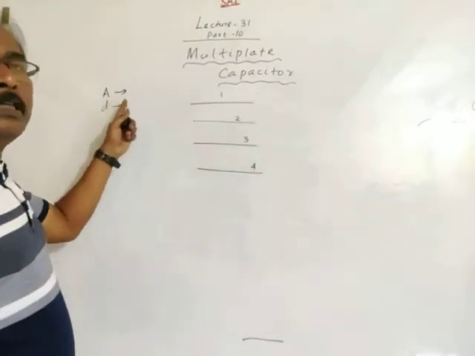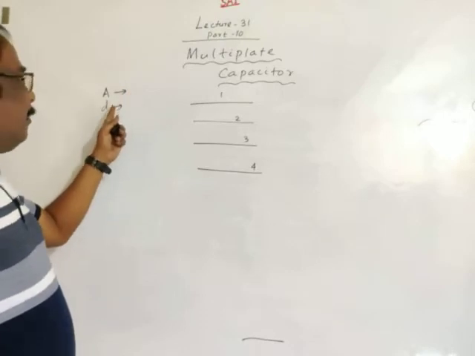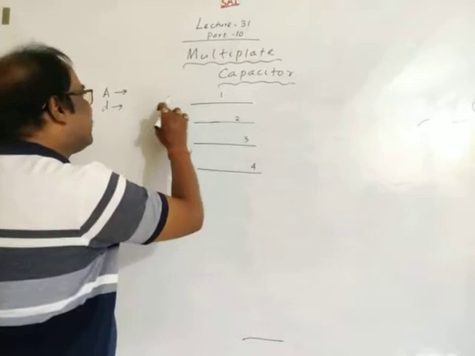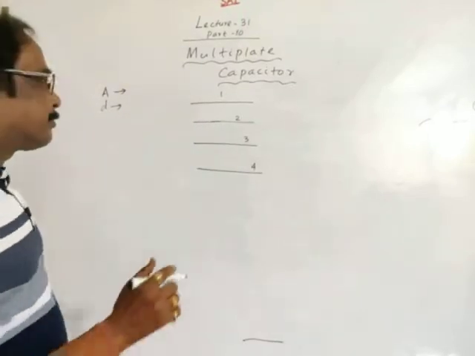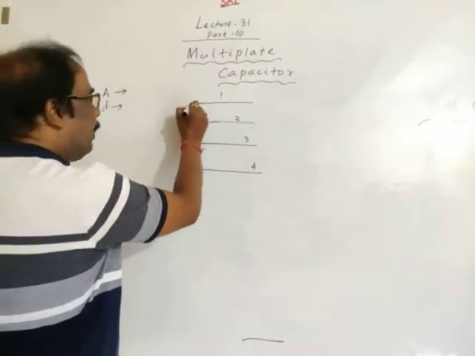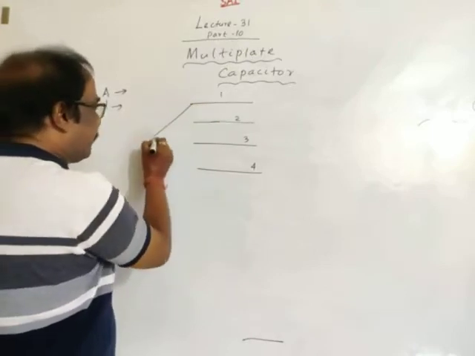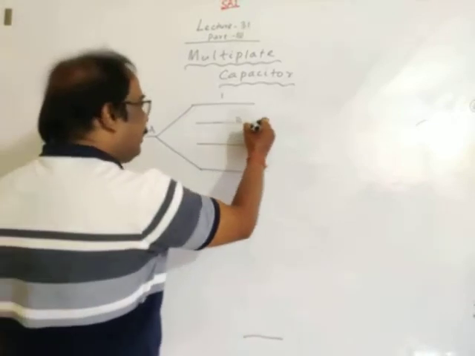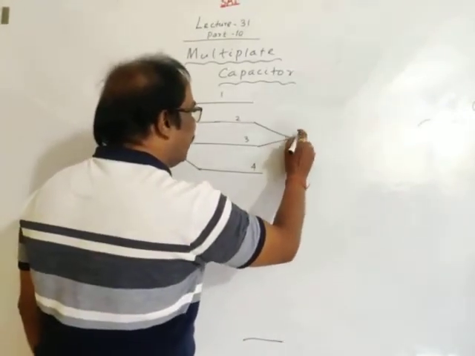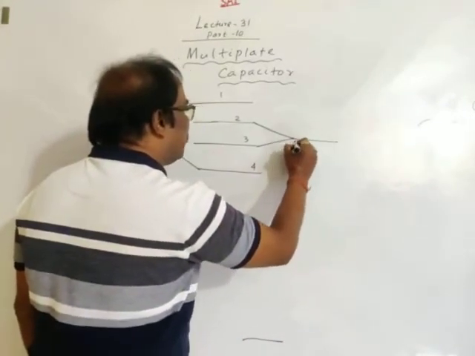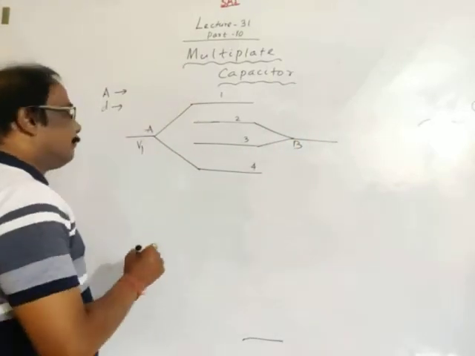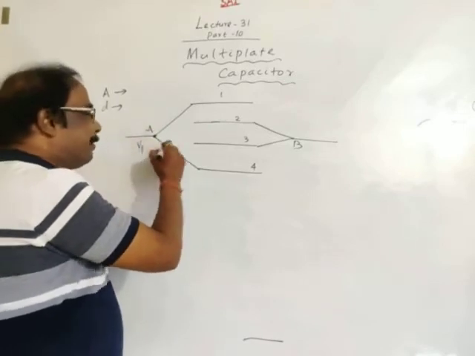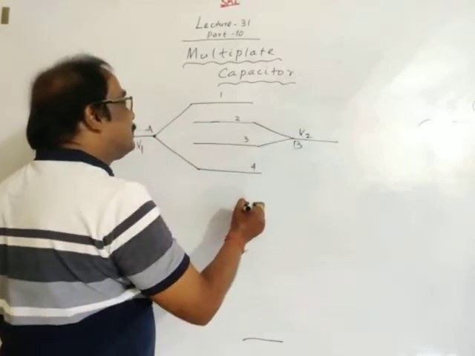All these plates have the same surface area A, and between any 2 plates the distance is D. Then, plate 1 and plate 4 are connected to a common point A, and plate 2 and plate 3 are connected to another common point B. A is maintained at potential V1, B is maintained at potential V2.